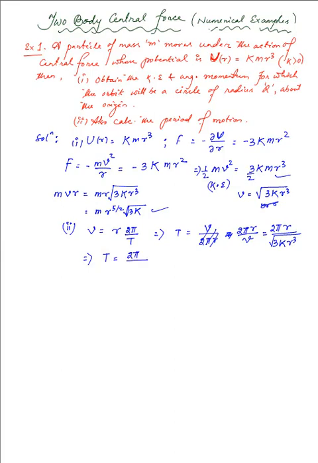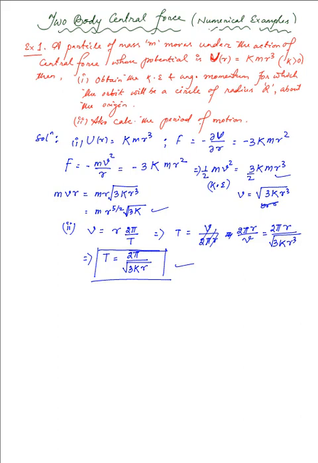The r has cancelled out with the r square under root, and one of the r remains in the denominator under root. So that is the expression for the time period in that circular path. That's the first example that we have discussed.